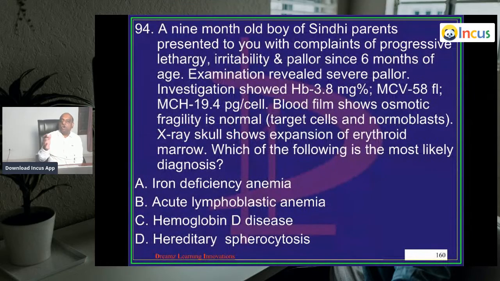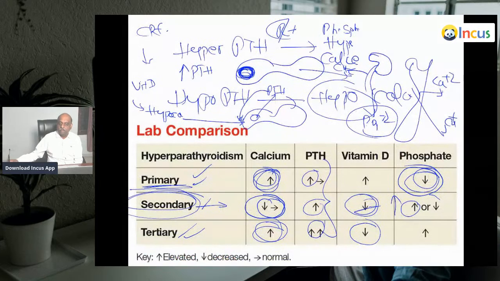Then one more point you should remember. What is tertiary hyperparathyroidism? Typically, when the parathyroid glands are hyperplastic and independently functioning for a long period of time in renal failure, they continue to hyperfunction.